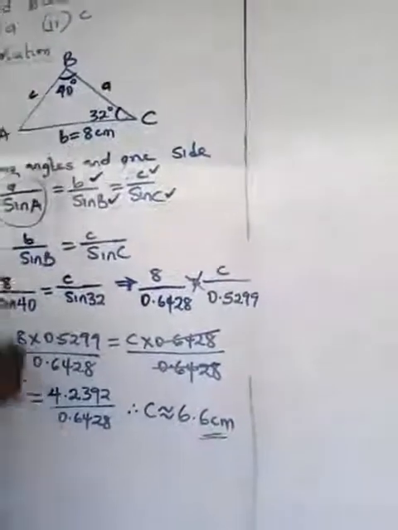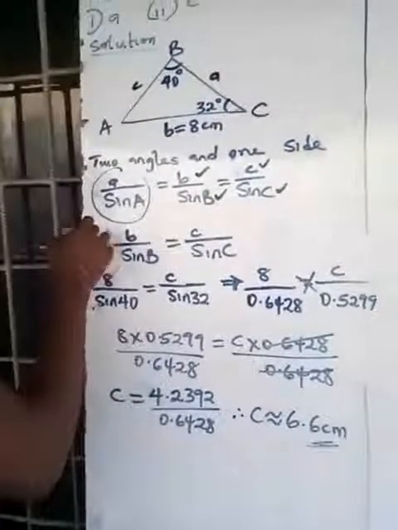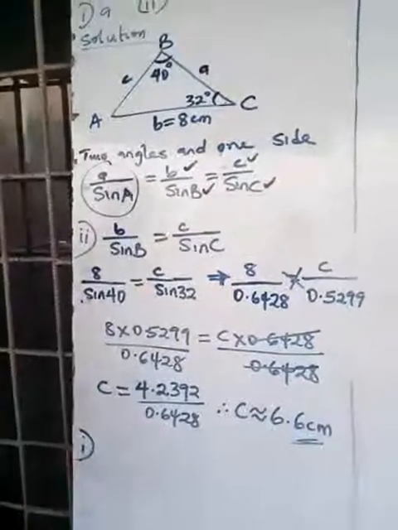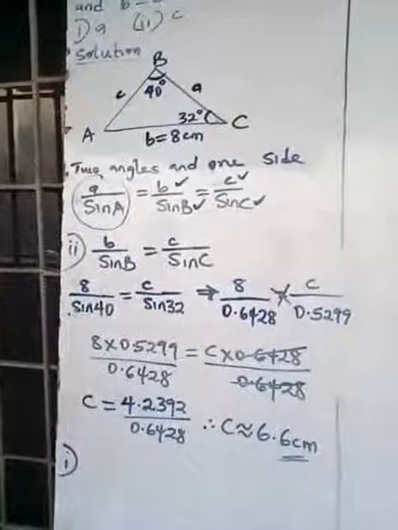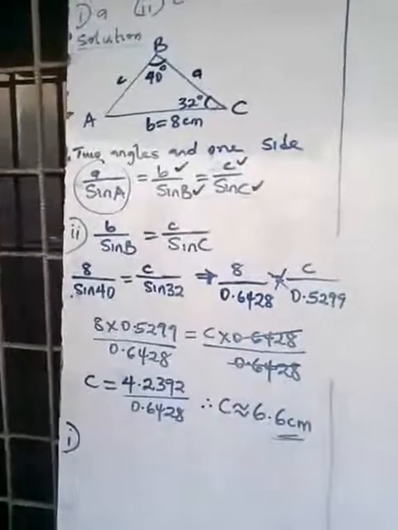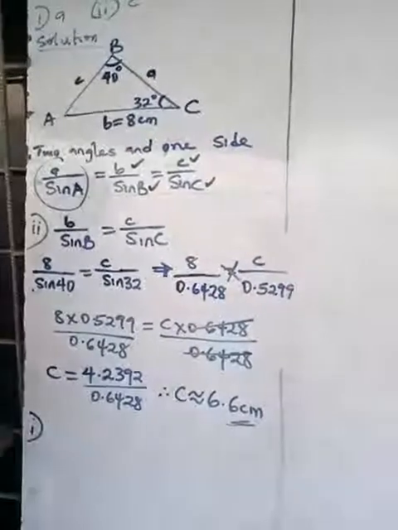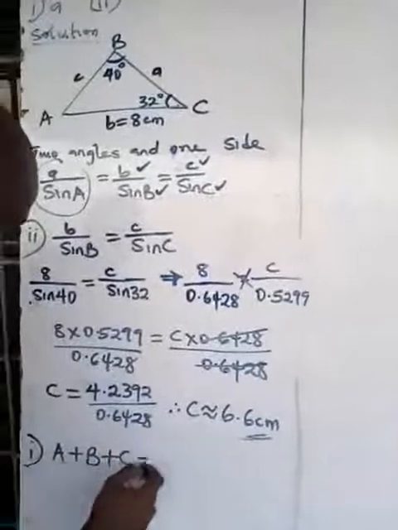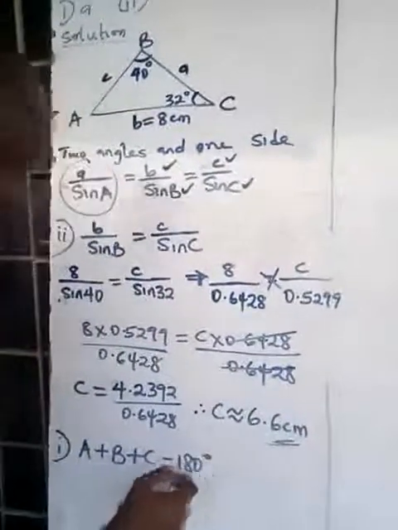So we looked for Roman figure 2 first. Now how do we find Roman figure 1? Roman figure 1 should be easy. We are still going to use sine rule, but we can use knowledge of trigonometry here, that angle A plus angle B plus angle C is equals to 180 degrees.